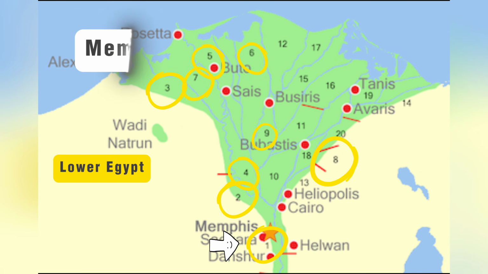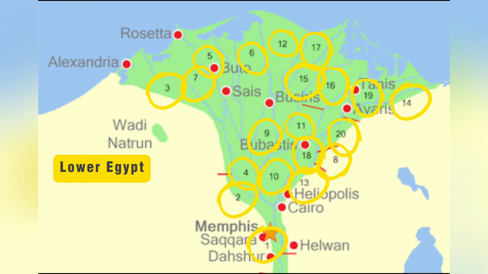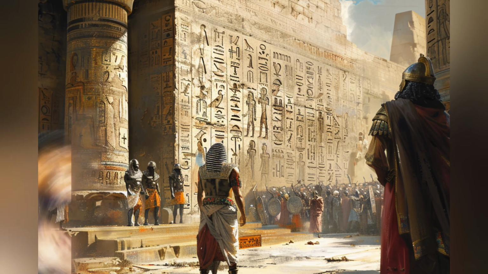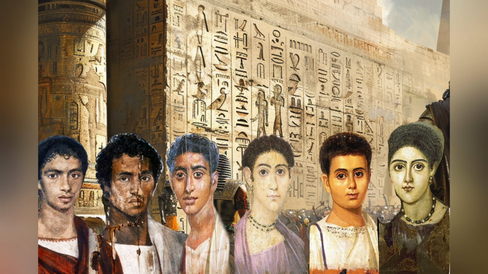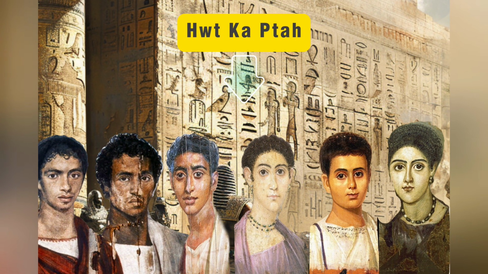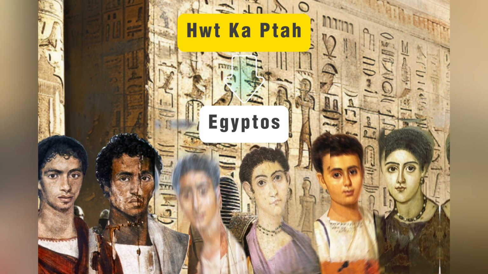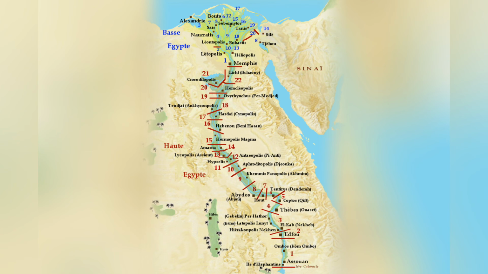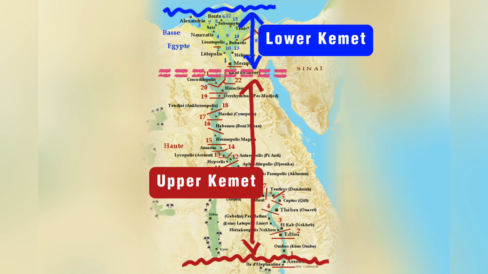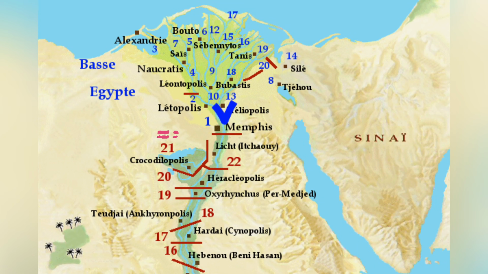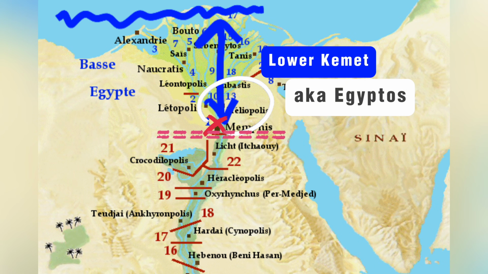Now, importantly, Memphis, or Men Nefer as it was indigenously referred to, was the first district of Lower Egypt, which is significant. When the name was adopted by the Greeks, which they characteristically bastardized into their own tongue, changing Het Kip-Ptah to Egyptos, they were using this name to refer to the northern or lower part of the region, which included the delta. Often references to Egyptos denoted the region between the Mediterranean and Men Nefer.